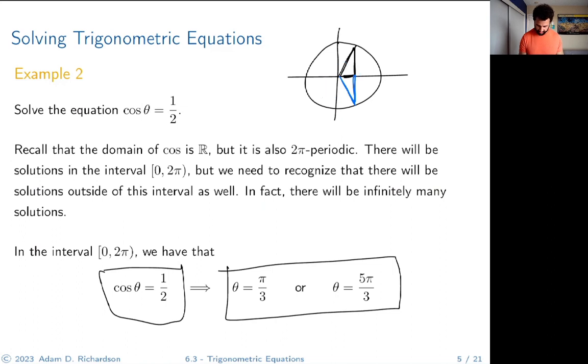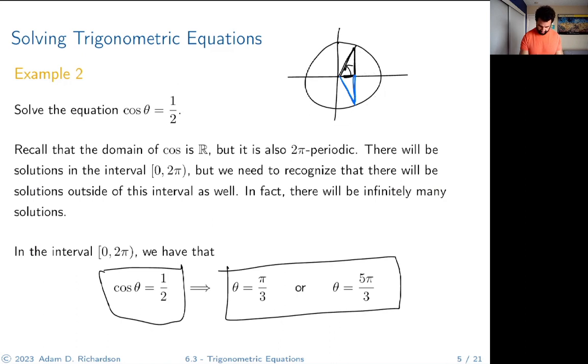All right, so we had this solution first, the little arrow there. But another solution to the equation is the angle that goes all the way around and then back. And then another solution is the angle that goes all the way around twice and then back. So if you keep adding integer multiples of 2 pi, you get another solution, and then another solution, and then another solution, right? Same thing for the blue angle.